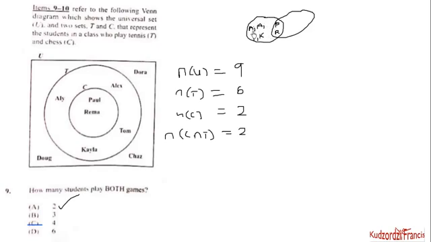So all these guys will be here. And those who will be outside this, these ones over here, 3 of them. So students who play both games are only 2. There are only 2 of them. So we have nothing here, 0. That's why we're able to push it inside.